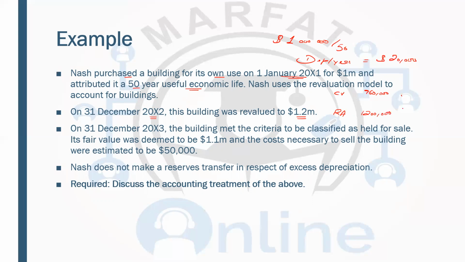So the difference between the carrying value and the revalued amount is going to be the revaluation gain. So 12 lakh minus 9,60,000, the 2,40,000 is the revaluation gain, and that will be recorded in the other comprehensive income and the revaluation surplus.